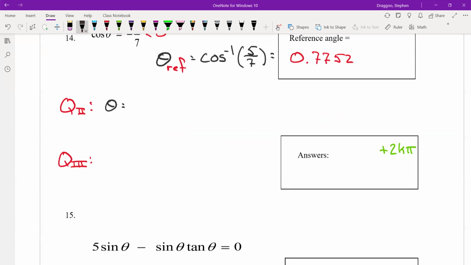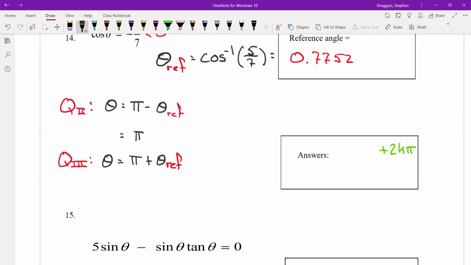In quadrant 2, I'm looking at pi minus the reference angle to get my answer. And in quadrant 3, I'm looking at pi plus my reference angle to get that answer. So those are the two equations I'll use, and then go to a calculator to get the rest.